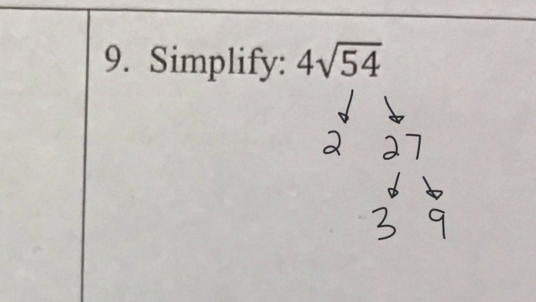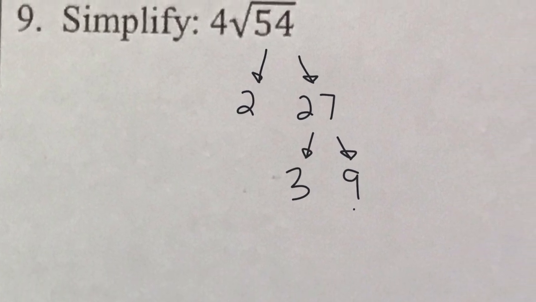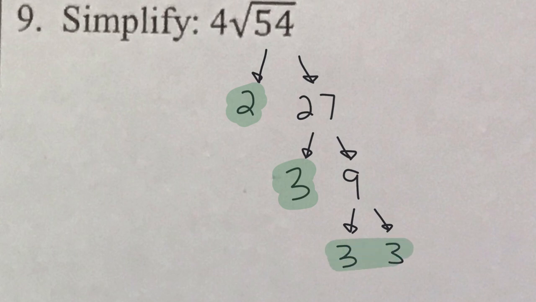All right, I know that one. And then 9 is 3 times 3. So my prime numbers are the 2 here, the 3 there, and then these 2 3s. Those are my prime factorizations.